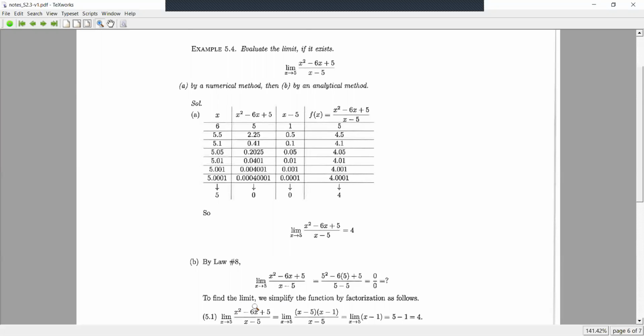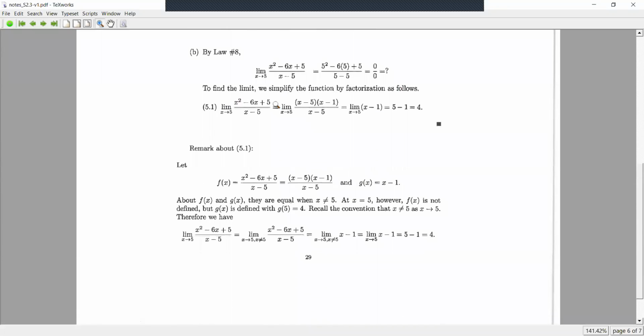To find a limit, we need to simplify the function. How to simplify this function? By factorization. We factor the polynomial in the numerator as x minus 5 times x minus 1. Then cancel x minus 5 from the numerator and from the denominator.